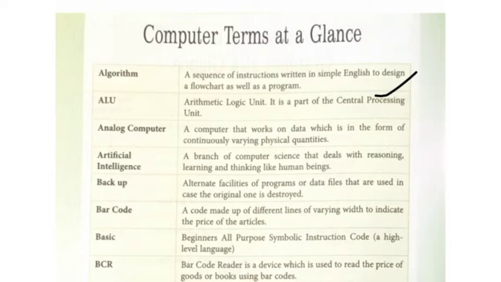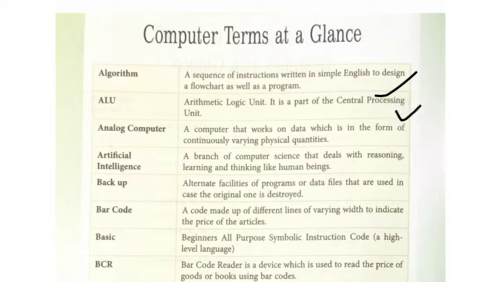So this is ALU, Arithmetic Logic Unit, and this is a part of Central Processing Unit which deals with all the arithmetic and logical problems, such as addition, subtraction, multiplication, and some logical things, right?